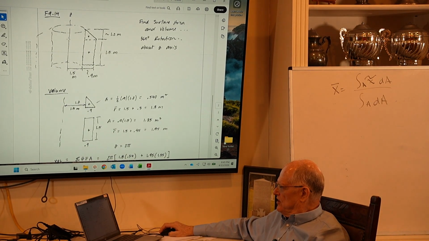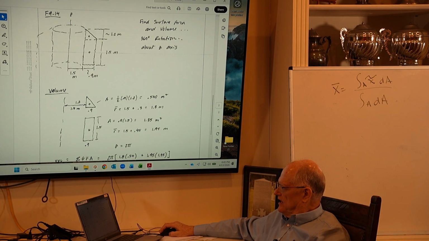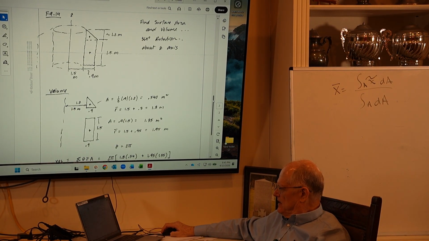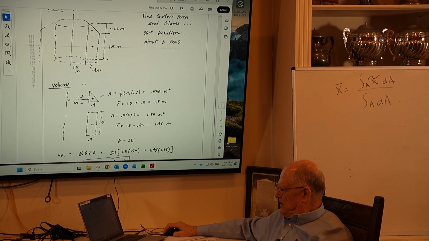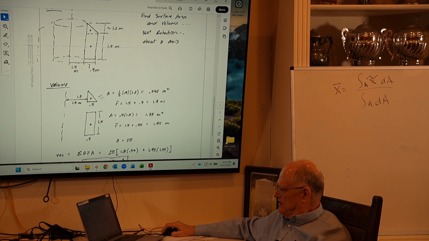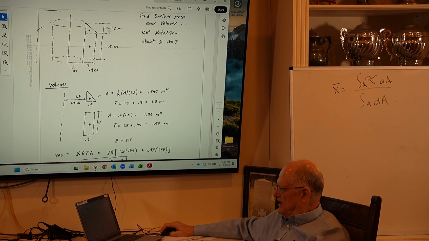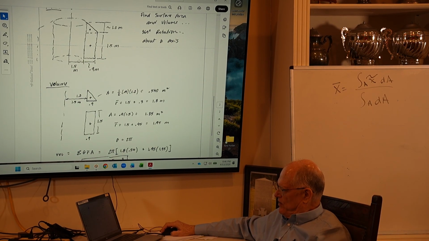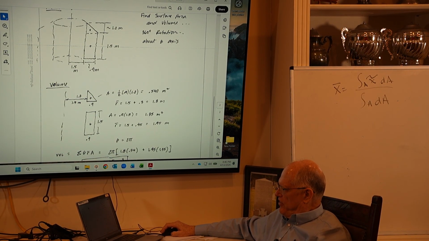And so for the volume, we're going to rotate a triangle and a rectangle. For the triangle, the area is 1/2 of base times height. The base is 0.9 and the height is 1.2, and that's the area. The r bar is this 1.5 plus 1/3 of 0.9, which is 0.3.